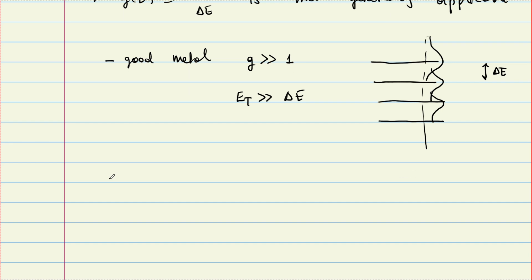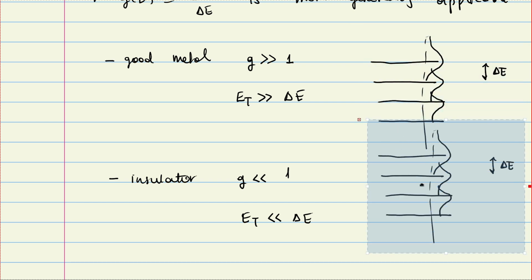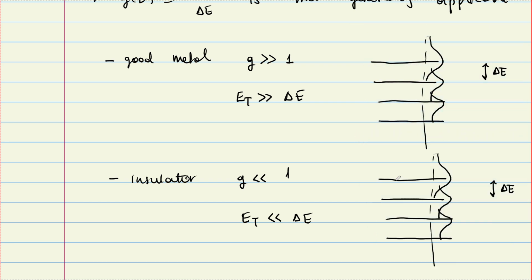The other limit is the good insulator, or insulating limit. It's going to be G much less than 1, and that means E tau s should be much smaller than delta E. Then exactly the same picture, but this time these levels are going to be sharp like this.